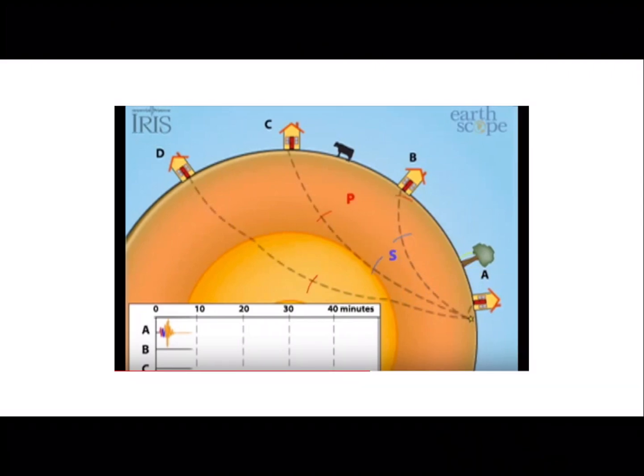And what I wanted to draw your attention to is the shape of the trajectory of the body wave. They are curved. This is telling us something about the Earth. It's telling us that as you go deeper inside the Earth, the material is more and more resistant.